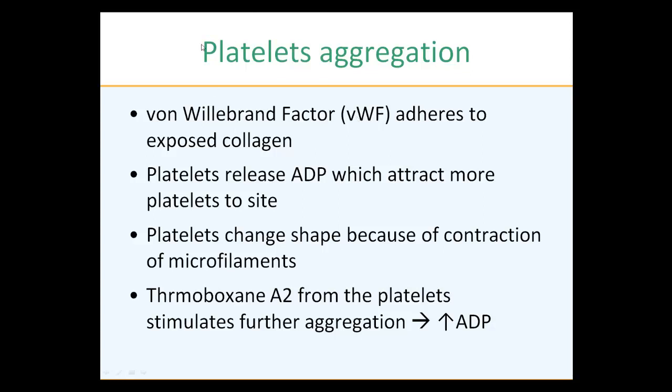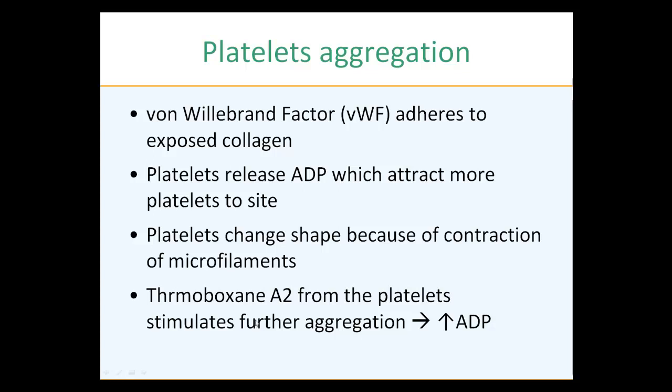You don't have to remember the long name, but VWF will adhere to the exposed collagen, and therefore you will start to release adenosine diphosphate because of the breaking of adenosine triphosphate, and ADP will attract more and more platelets, and the platelets, as I said earlier, will change their shape because of the contraction of the microfilaments.